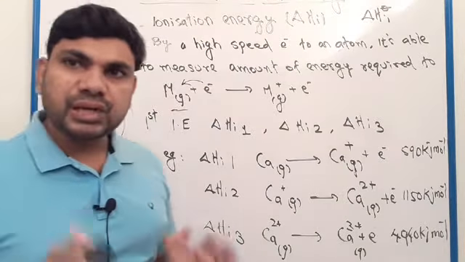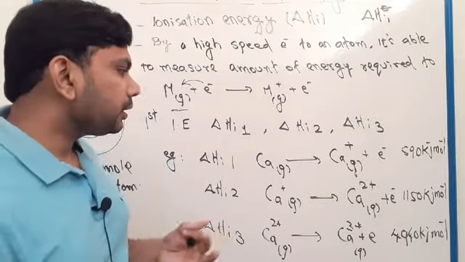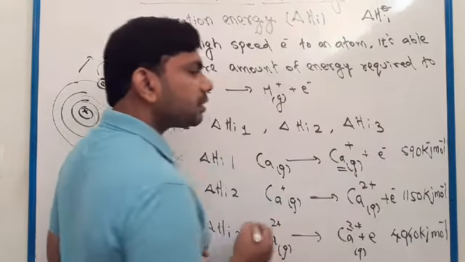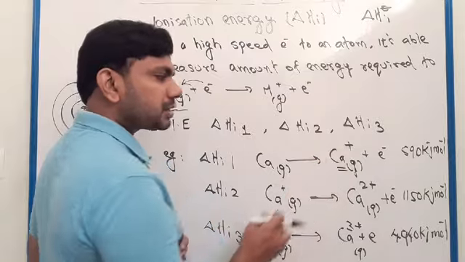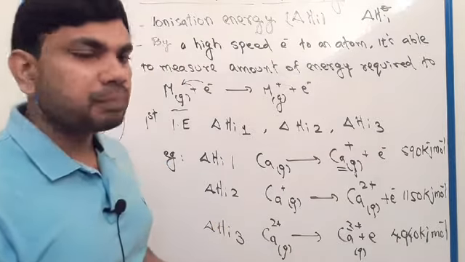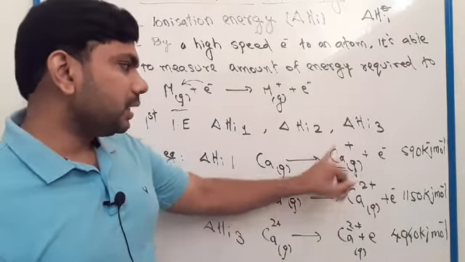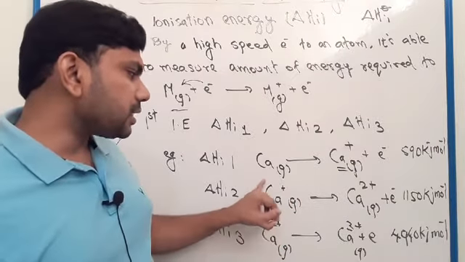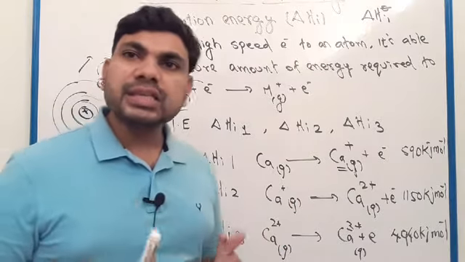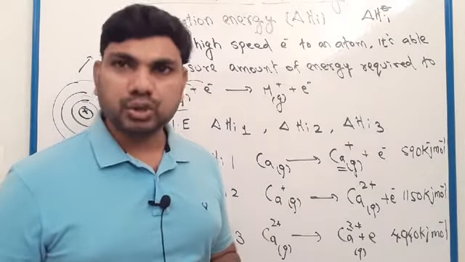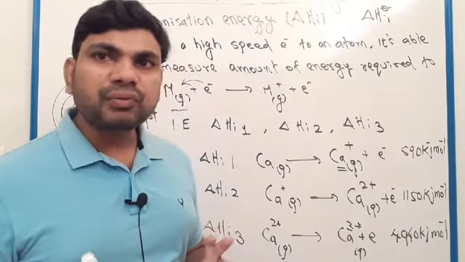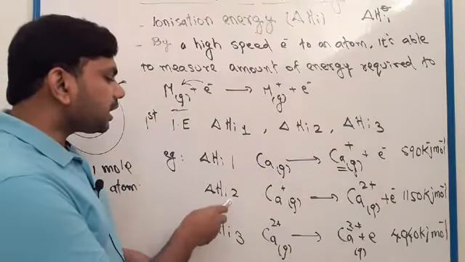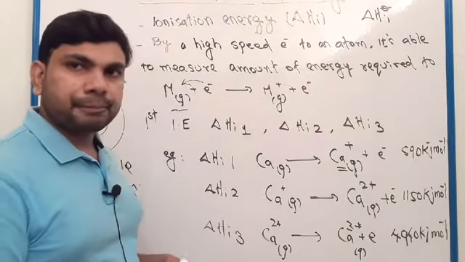After removing the first outer shell electron, gaseous calcium changed to gaseous calcium ion, Ca plus. From gaseous Ca plus, again we remove the second outermost electron. The amount of energy required for this process is called second ionization enthalpy.